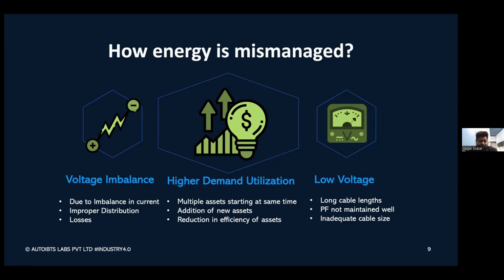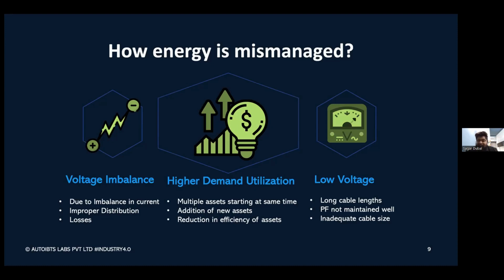Then higher demand utilization is there evidently, but not in all industries. We've seen that in industries where you have a cut to cut demand, in which let's say your demand is 1000 kVA and your connected load is 1200 kVA. So it's working on a cut to cut, in which you have to make sure that all your assets are not starting at the same time, or that the demand being utilized is not exceeding your transformer capacity.